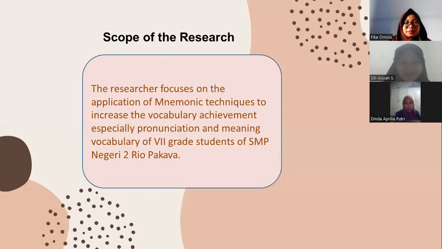And the next slide is the scope of the research. The scope of the research is the range of the research. And this is the example.